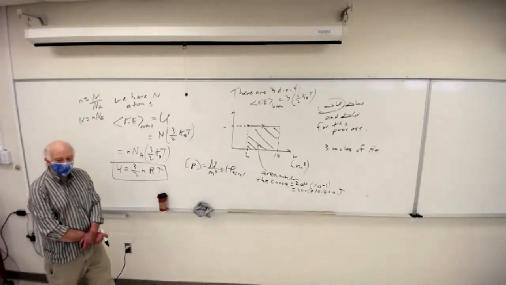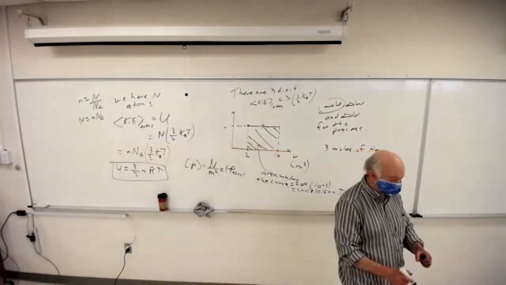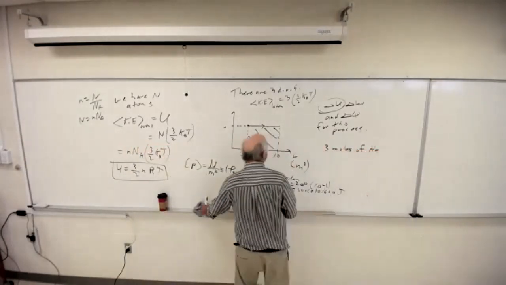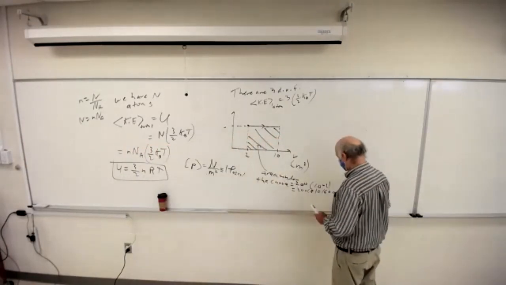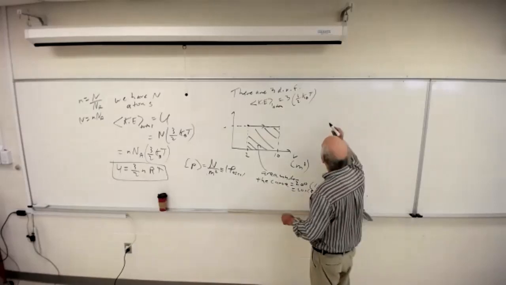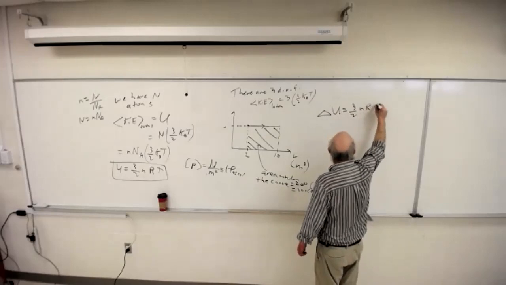How do I get a delta U now? All I have to do is find the change in the temperature. So delta U is then 3/2 nR delta T.